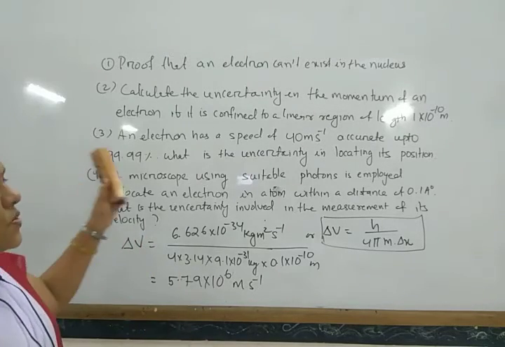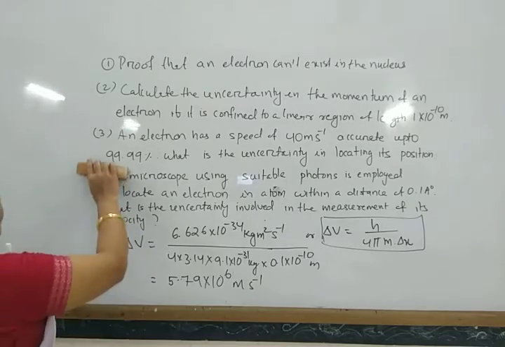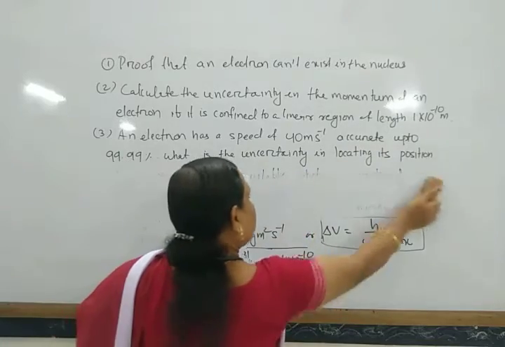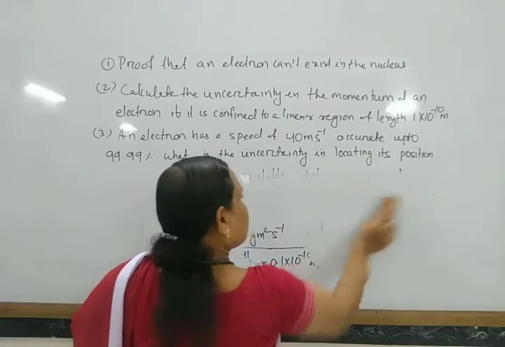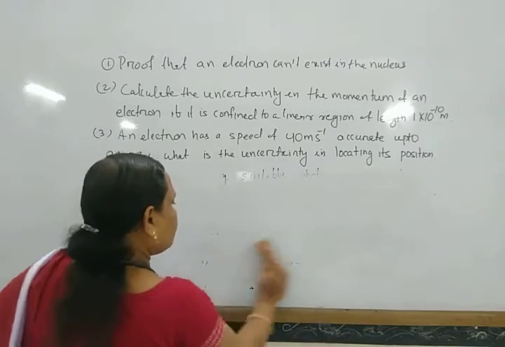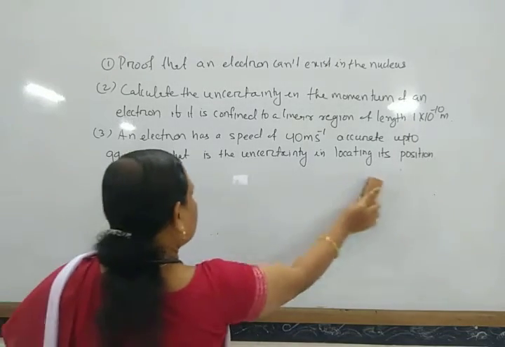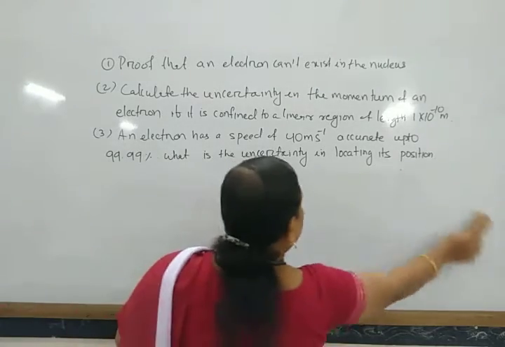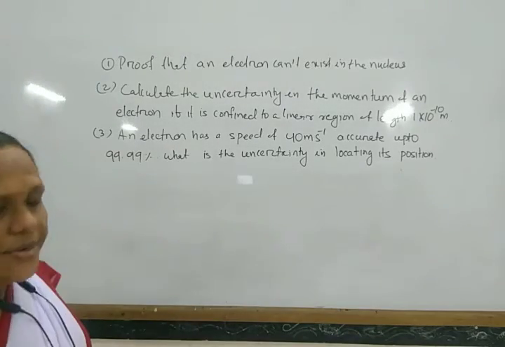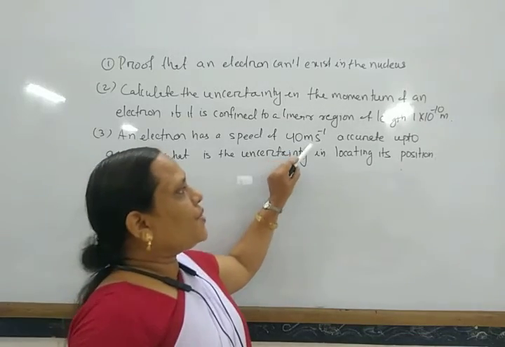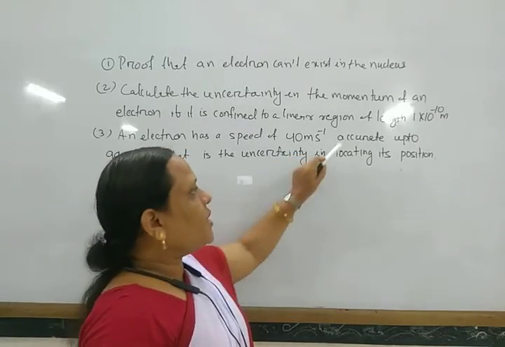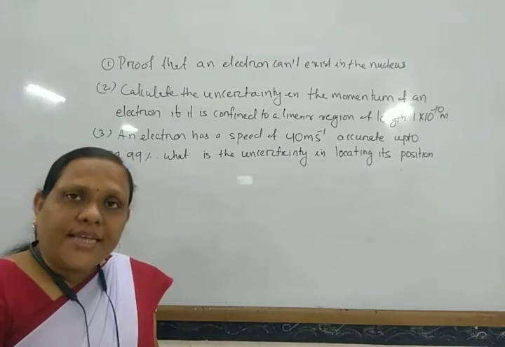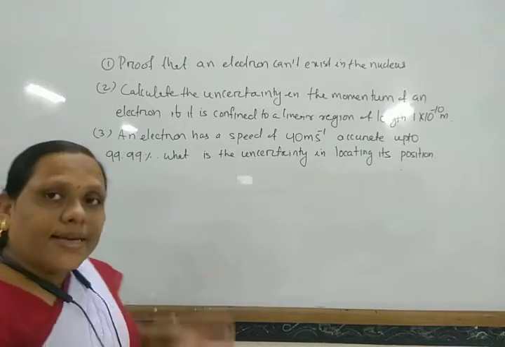Next come to question number 3. So an electron has a speed of 40 meter second inverse, accurate up to 99.99%.